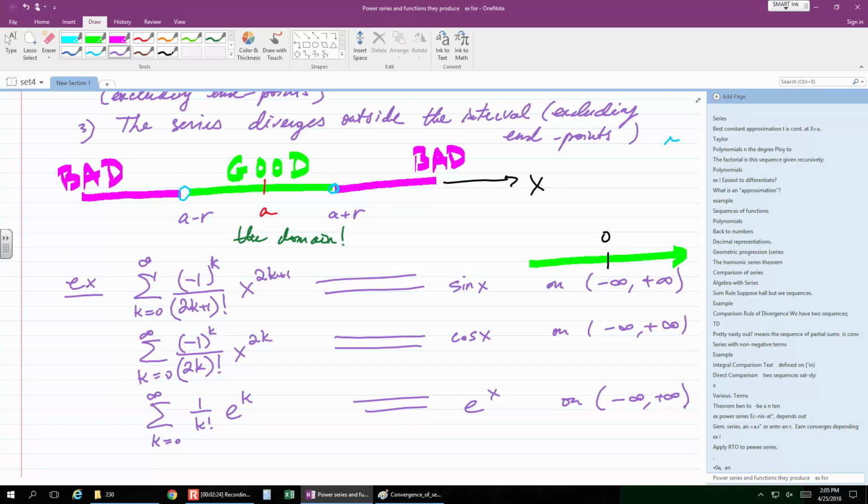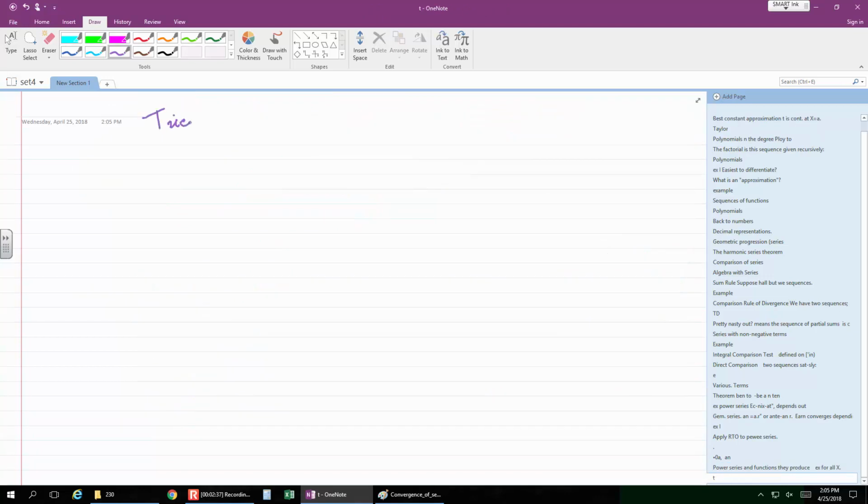We'll see how we can actually recognize a function behind a series. Right now we'll look at a different direction, and that is how to find, there is a trick, a trick for finding power series representations.